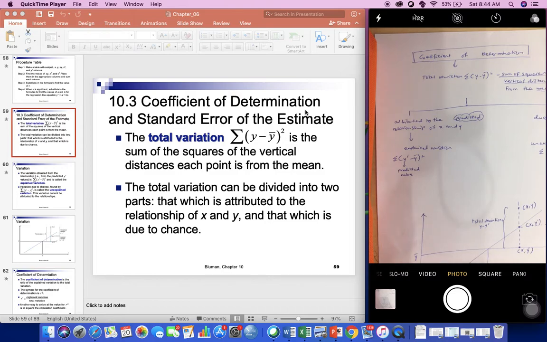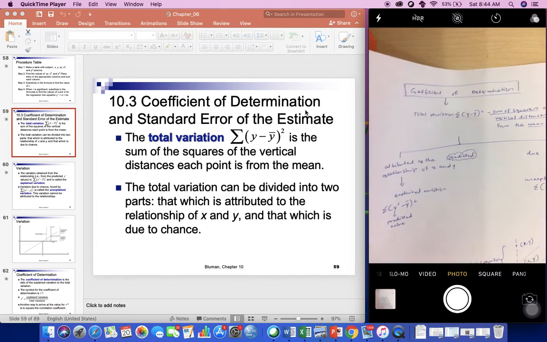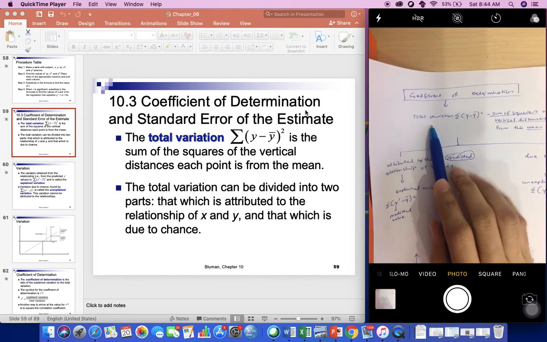So first of all, let's take a look. What is the coefficient of determination? The coefficient of determination is based on the total variation.